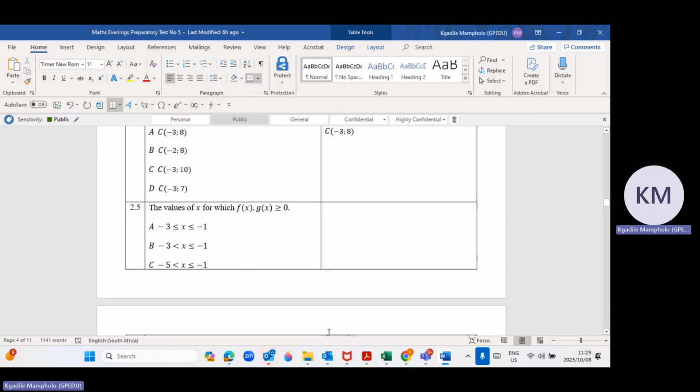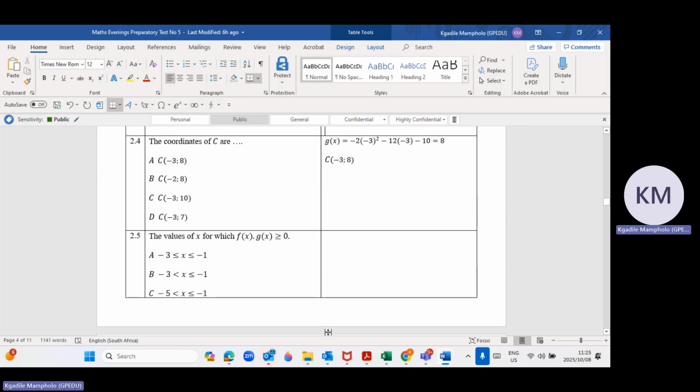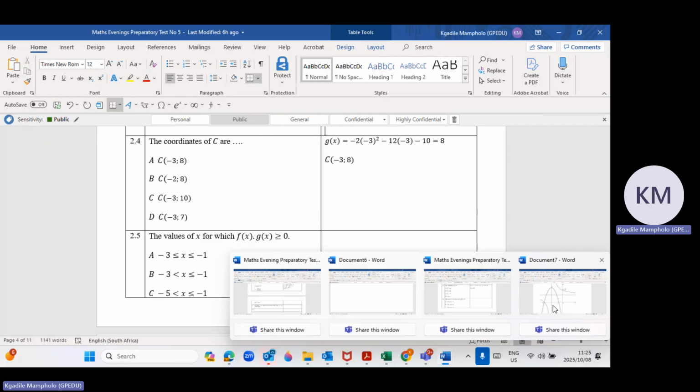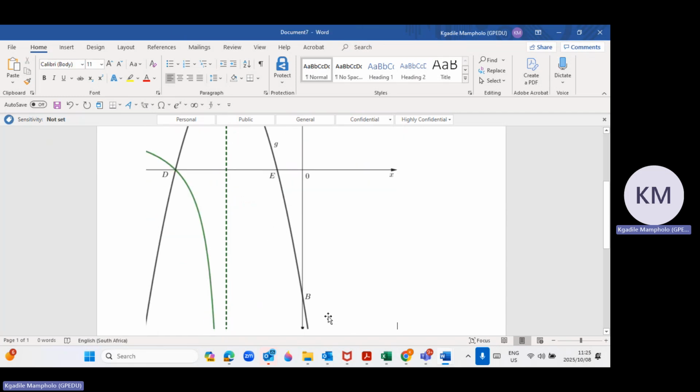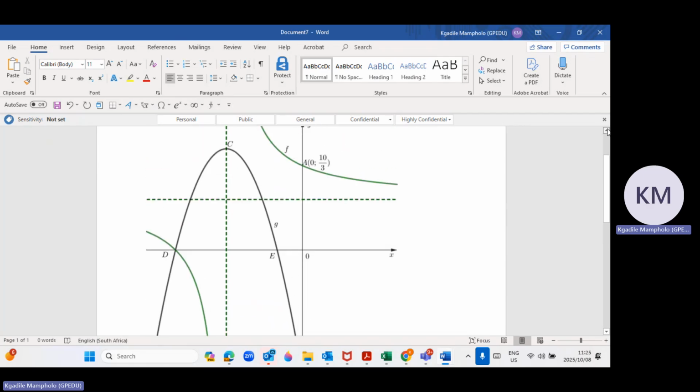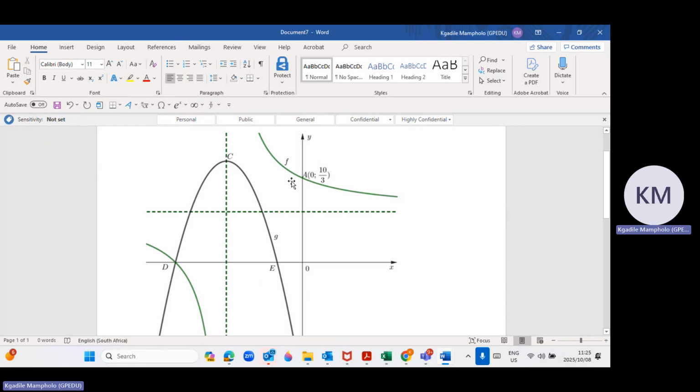Then 2.3, we'll go to determine the coordinates of C. Let's check where C is. Oh, C is the turning point. We know the x value of the turning point, which is x equals to minus 3.